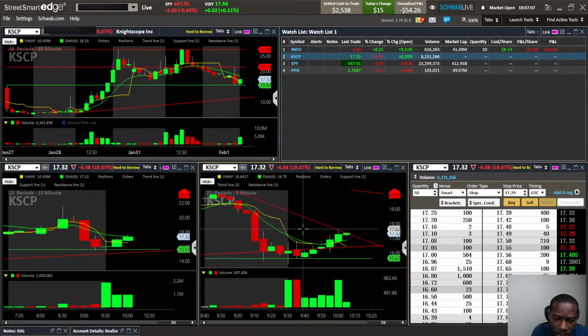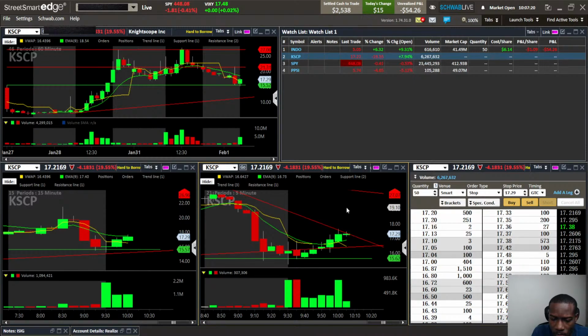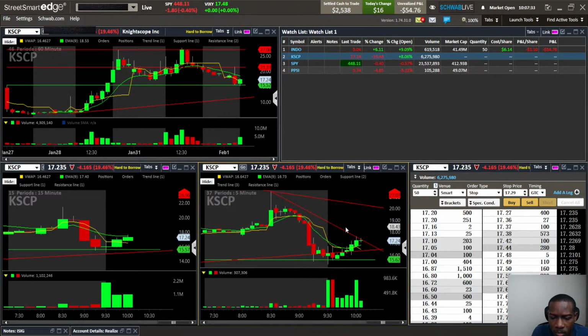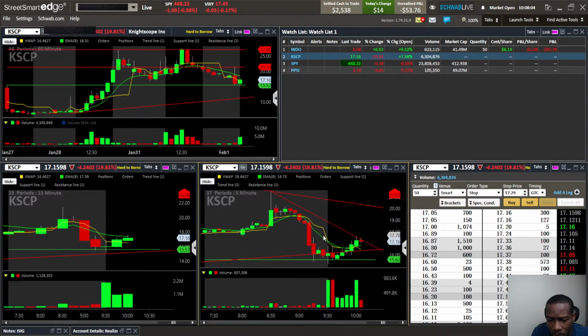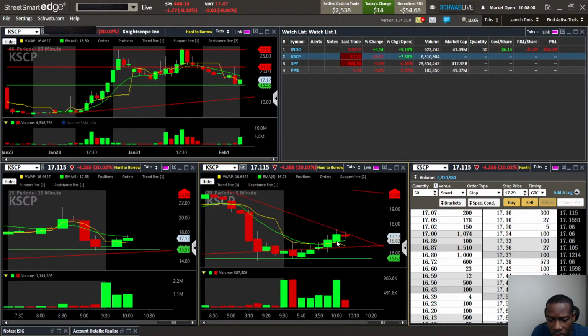If it does touch this top, it's going to be a double top. Looking like it's not able to even break a micro trend there.